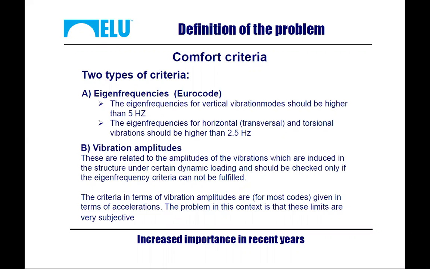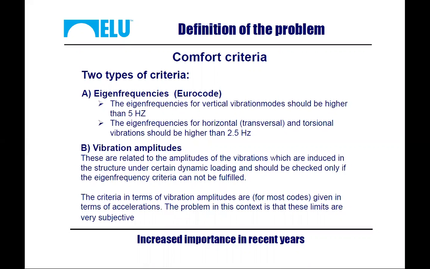There is one problem when it comes to vibration amplitudes and the criteria related to these. These are very subjective. So essentially, a value of the acceleration that I myself will perceive as non-disturbing, perhaps some of you will perceive as very, very disturbing.